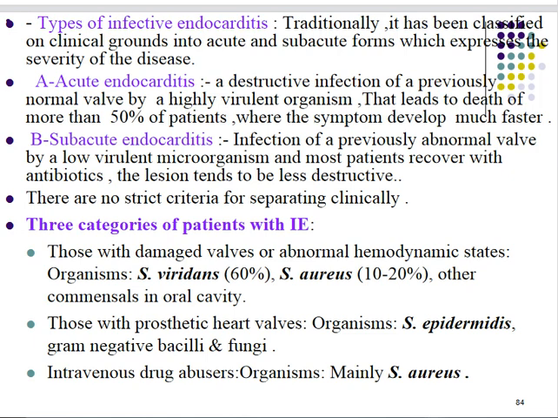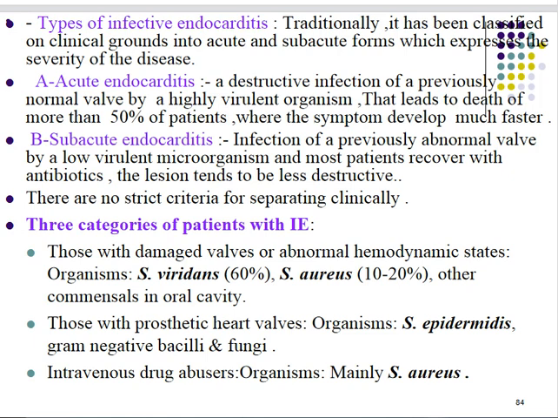Most patients recover, while 50% of patients with acute endocarditis will die. Most patients with subacute endocarditis will recover with antibiotics. The lesions tend to be less destructive. There are no strict criteria for separating them clinically, but underlying complications may develop.